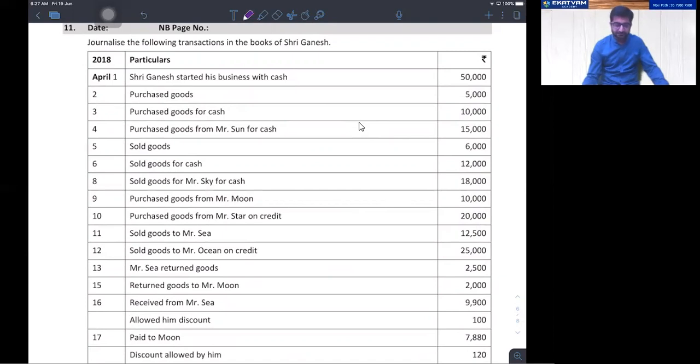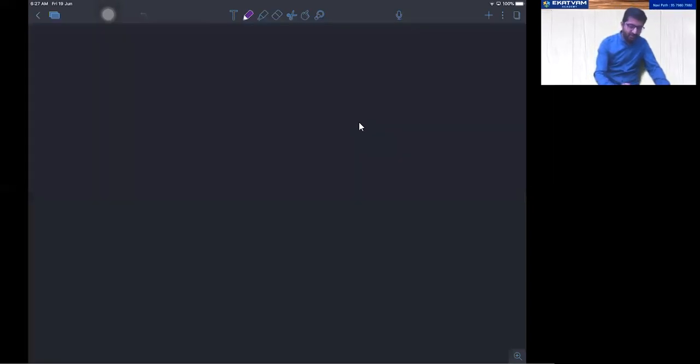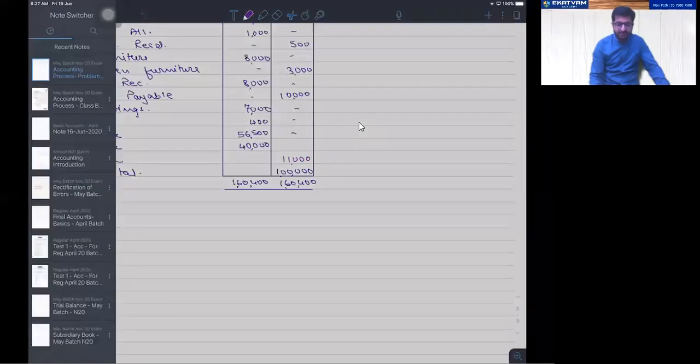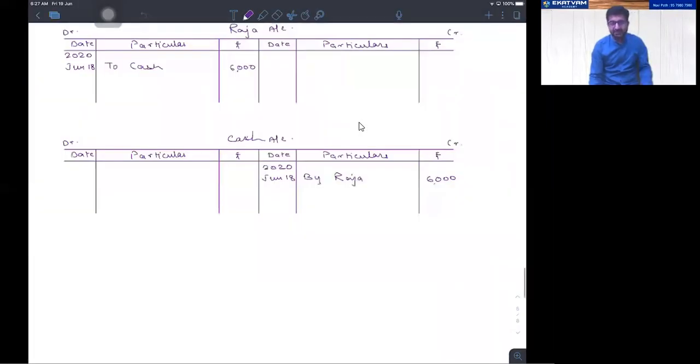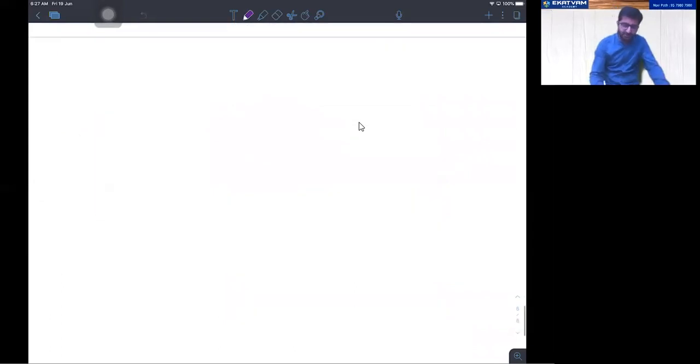Am I clear? I'll try doing some of the journal entries for you in this case. The remaining ones you can try out yourself, and then you need to do the ledger posting also for those various transactions. So let me form the various parts of this first. We'll first prepare the journal.